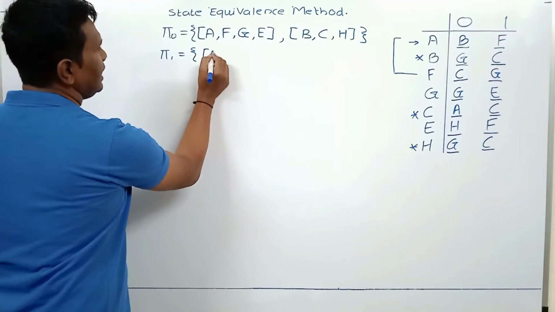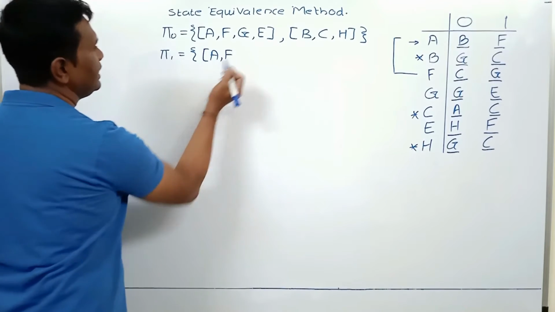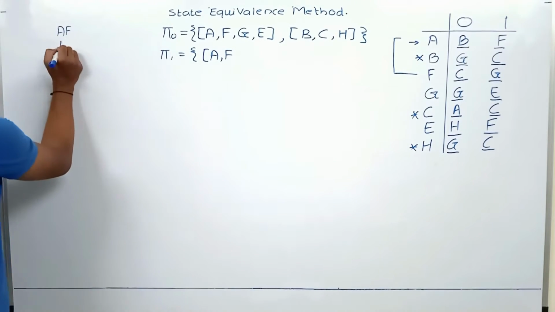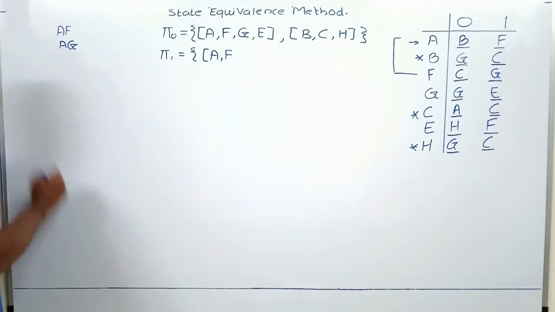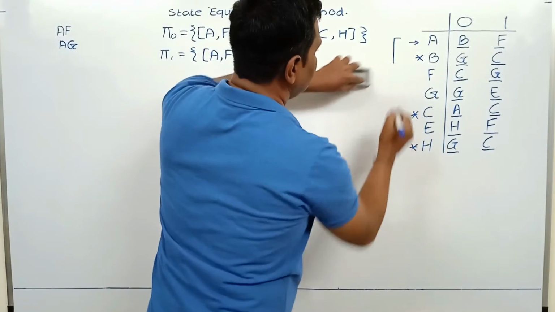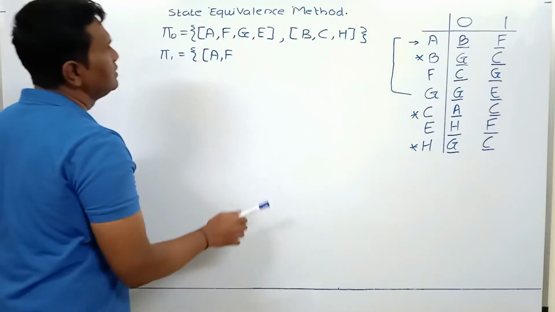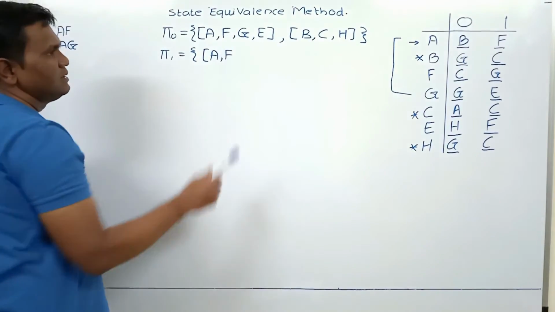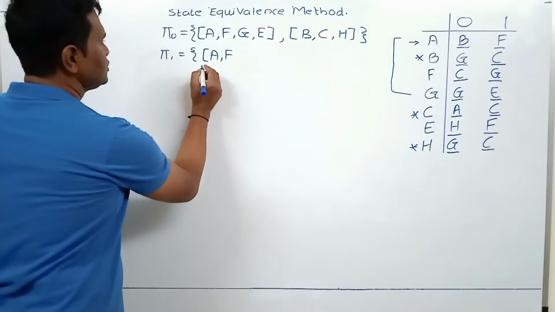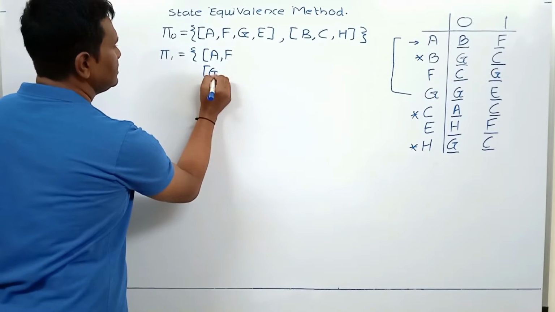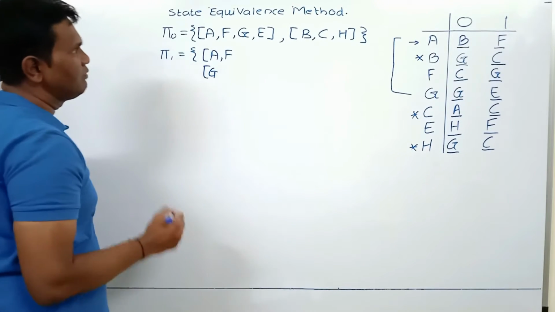So A and F are one equivalent. Let's consider A and G. So B and G: B is here, G is here, they are in separate groups. So A and G are not one equivalent.